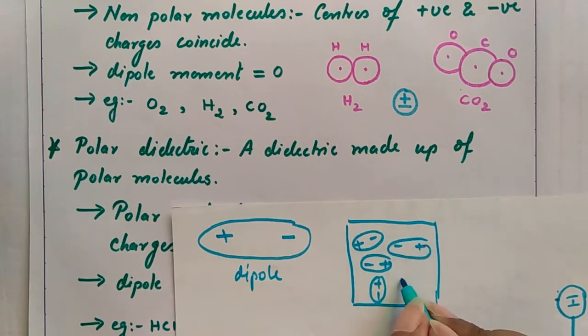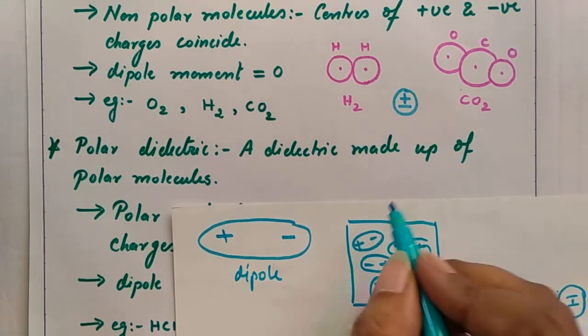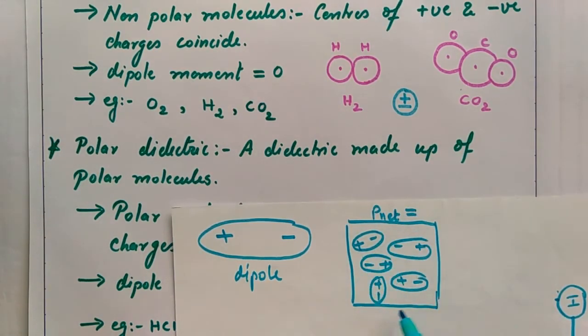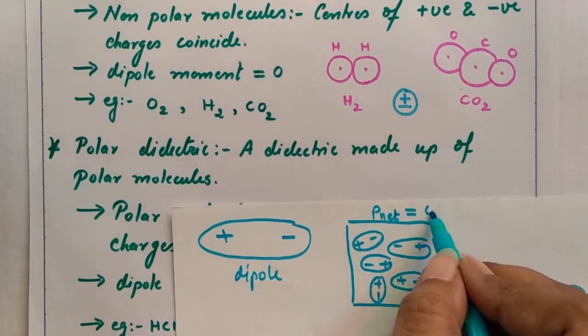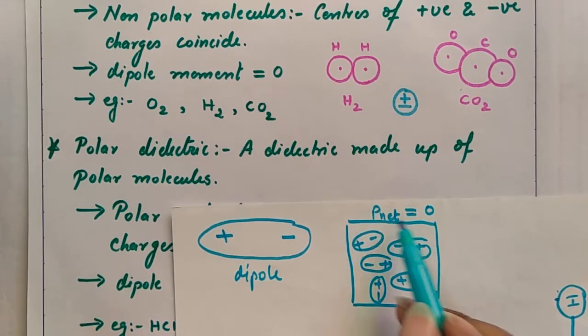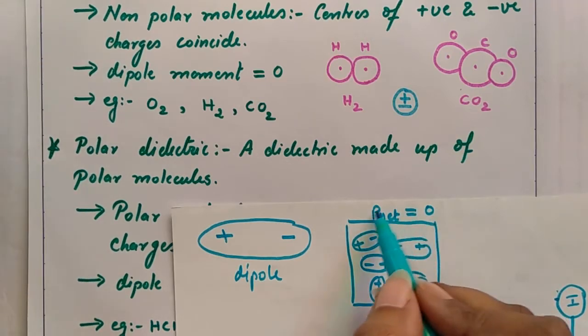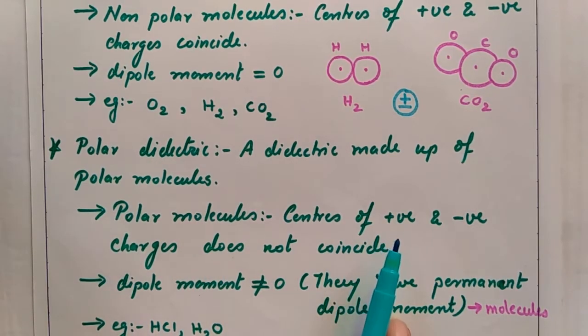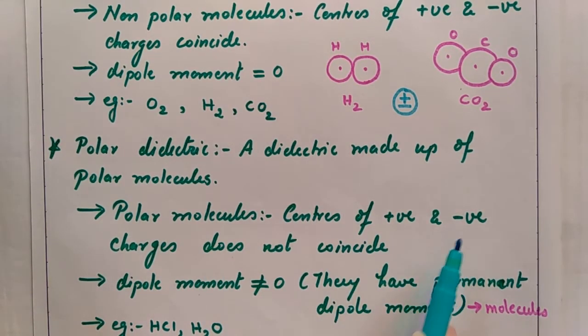See all the dipoles, they are randomly oriented, and hence the net dipole moment of this slab, P net, that is net dipole moment of the polar dielectric slab, is going to be 0. Okay, so the polar molecule will have net dipole moment, but the polar dielectric slab is not going to have any net dipole moment. Okay, so this was the definition of polar molecule, that the positive and the negative centers of the charges, they don't coincide.